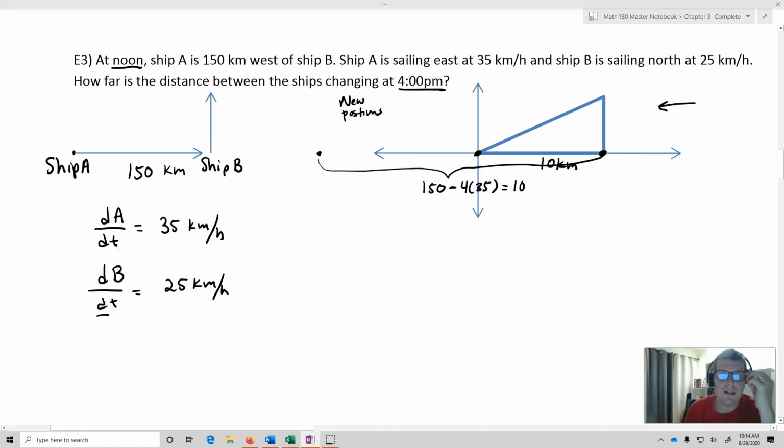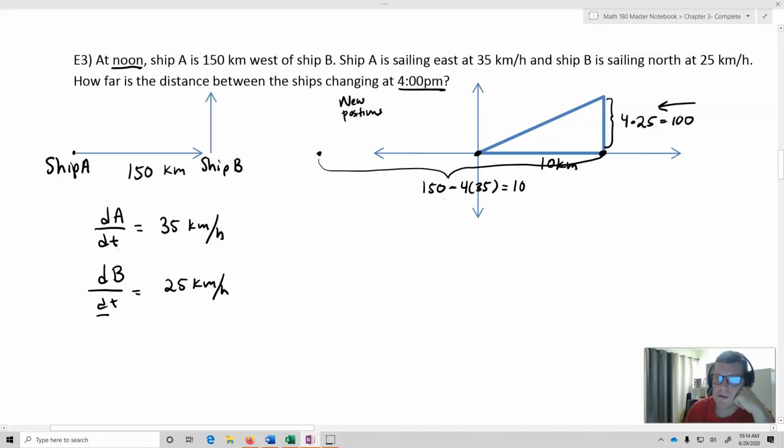On the other hand, ship B is traveling northward. Now, by the way, this is clearly not drawn to scale. But if it's sailing northward at 25 kilometers per hour, it's going to do that for 4 hours. So this distance here is going to be 4 times 25, which equals 100.